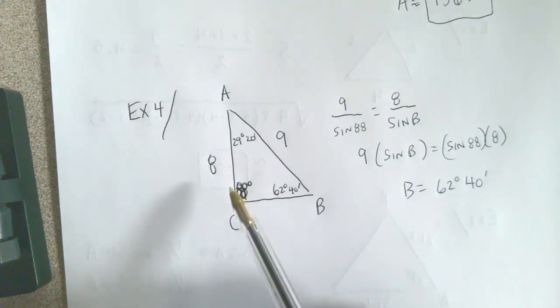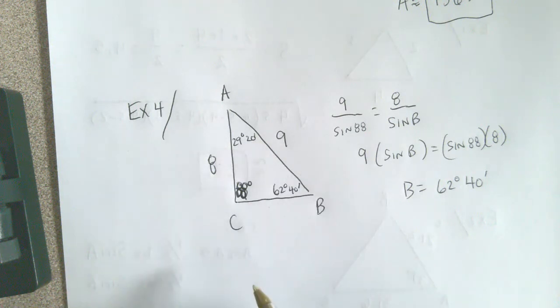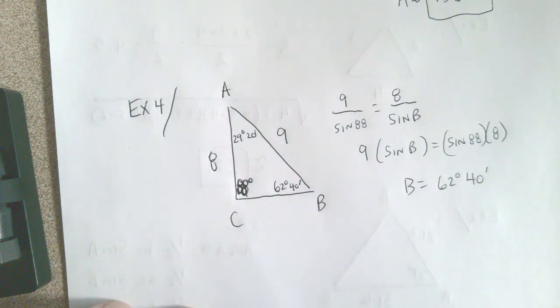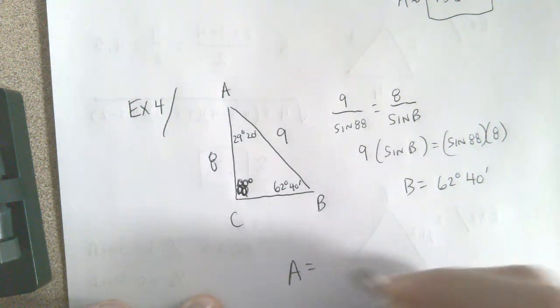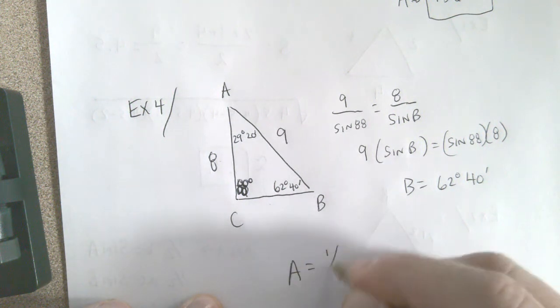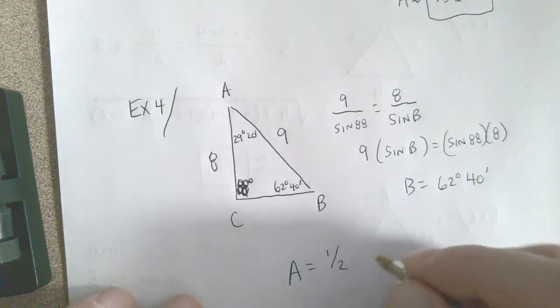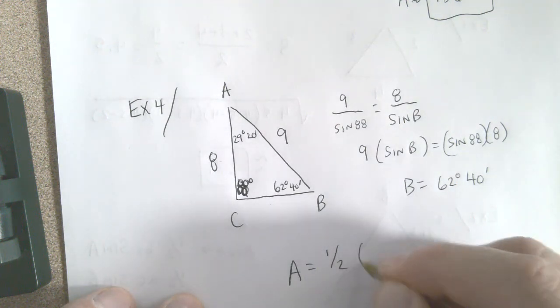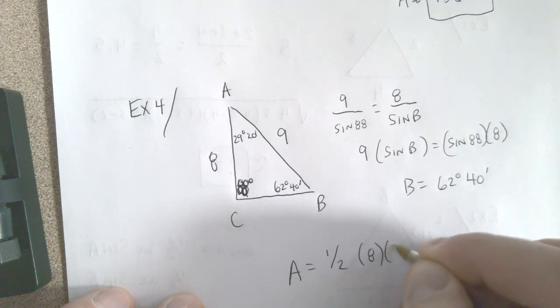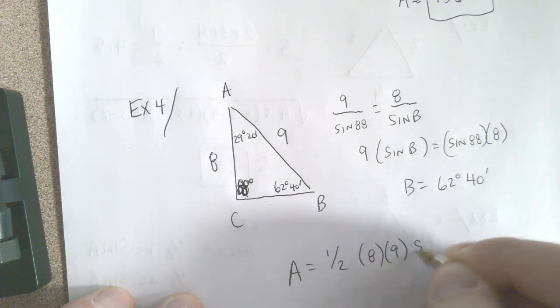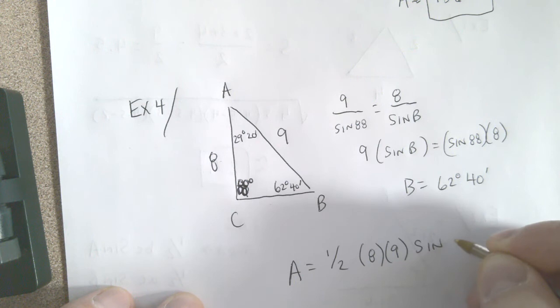Well, now we have side angle side. So what can we use on our formulas to find the area? We can now do 1/2 times 8 times 9 times the sine of 29 degrees, 20 minutes.